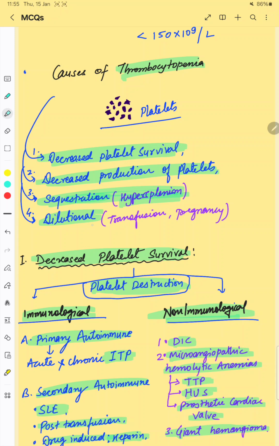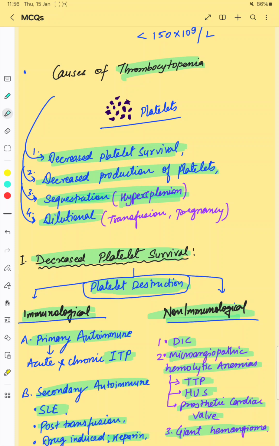In dilutional thrombocytopenia, after transfusion, as we know, the platelet has a lower lifespan, and when there is massive transfusion, the volume is replaced but the platelets are not replaced accordingly, so this condition results in a decreased platelet count.